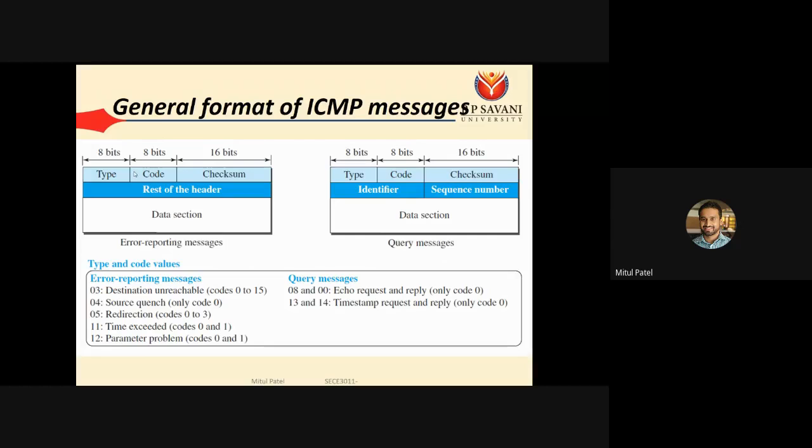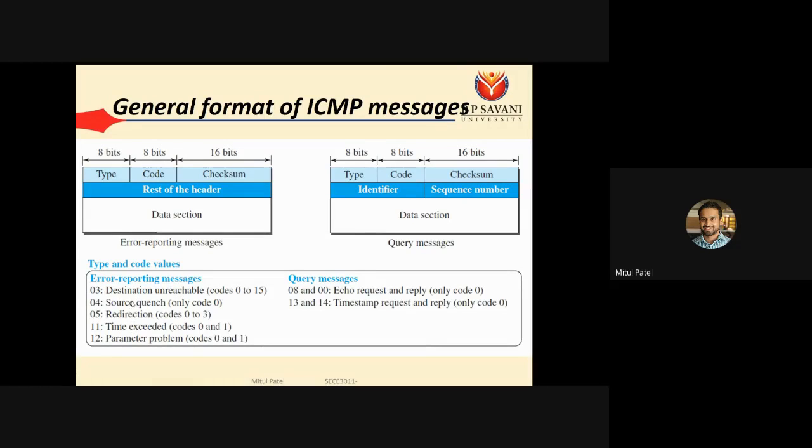Okay. So this first 4 bytes consist of 3 fields. The first one is type, the second byte indicates the code, and the third and fourth byte indicate the checksum. In the error reporting messages, if the type field is 03, then it indicates destination unreachable. You will see all 5 types of error reporting messages.